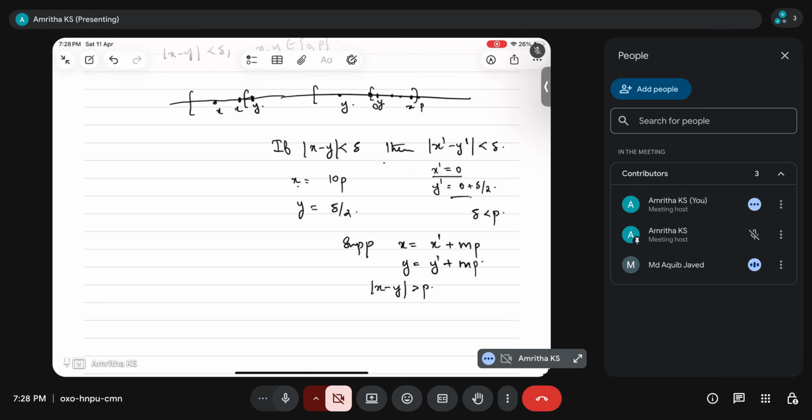Okay, but no, I may be wrong. They are adjacent, but what should be their expression if they are adjacent?